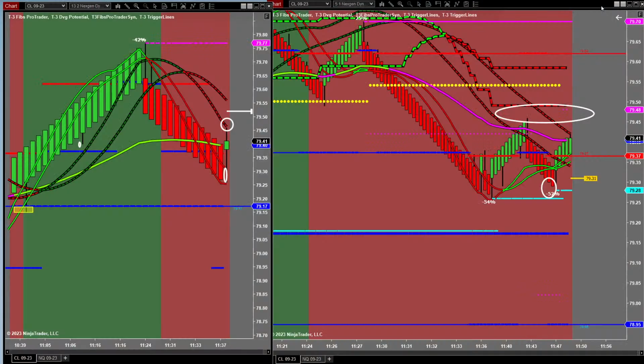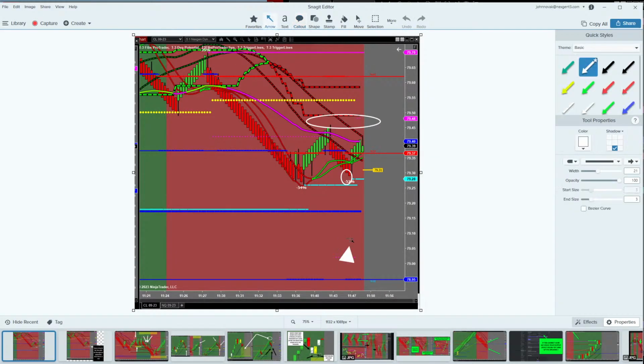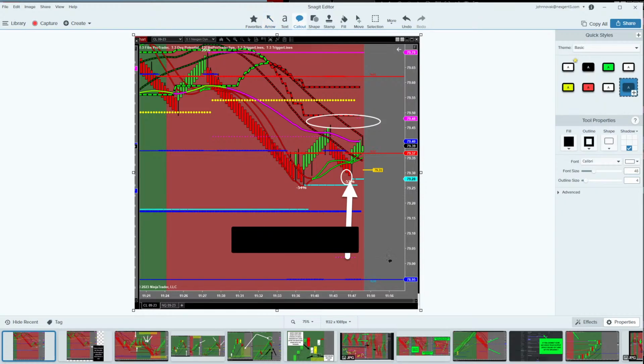I bet you there's divergence now in there. Mother scratcher. Okay. Hang on. One more picture for my programmer.